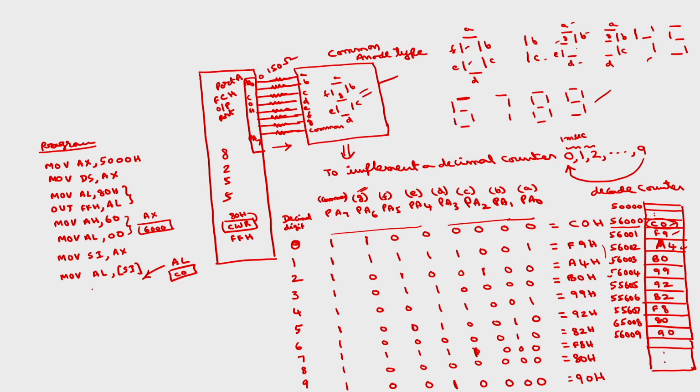So, what is the instruction? Out, the port A address is FCH, comma AL, the contents of AL which is C0H, so that after this instruction a 0 will be displayed on the 7 segment display. Then you call a delay.